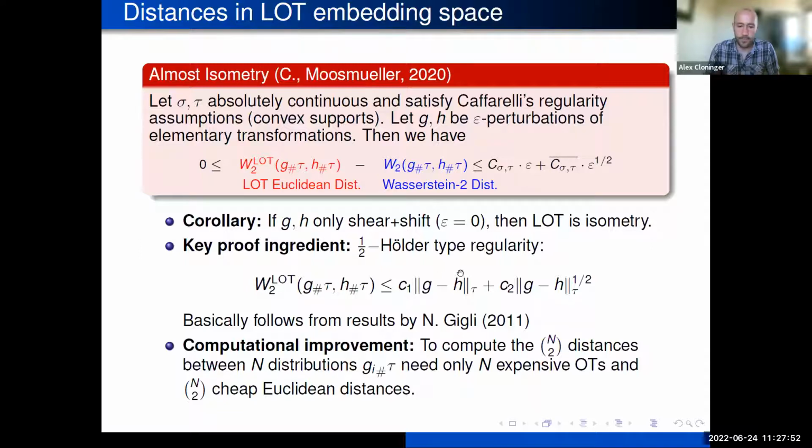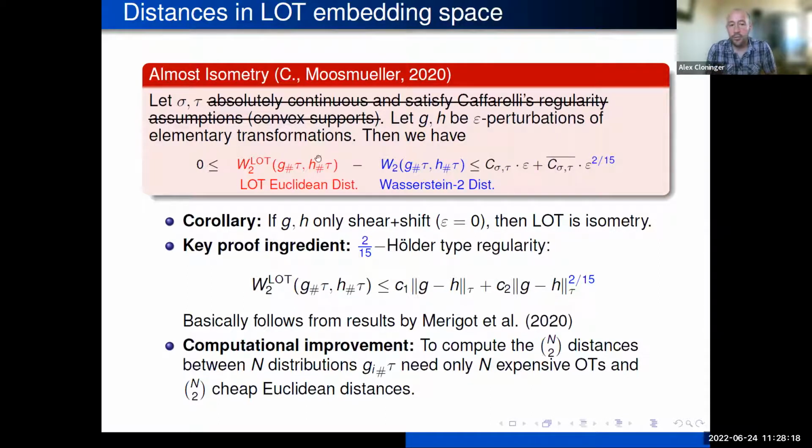Which is really nice from a computational perspective, because now, rather than having to pull each distribution off of some computer and compute an optimal transport between all n choose 2, I just need to solve n problems, one on each computer, send the features that I've created, and now I can just compute easy Euclidean distance. And I should note that if we remove a lot of the assumptions on the distribution, we can still prove that this is still pretty stable with respect to perturbations.